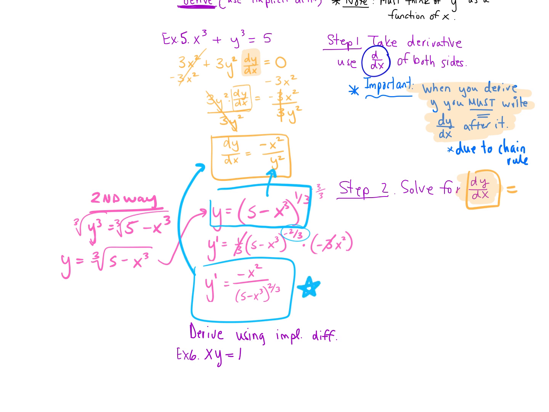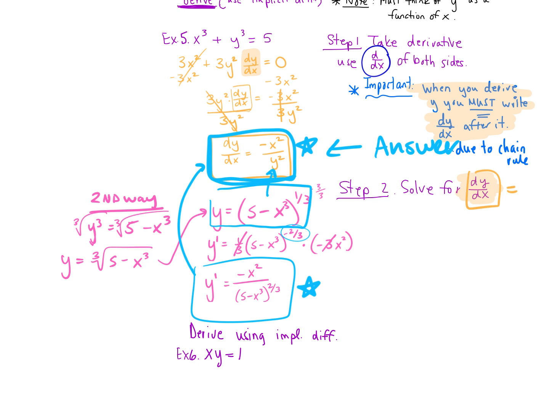You don't have to do the second way for implicit differentiation when you have y's in it. Just leave the y in your answer. This is the answer. I'm just showing you it ends up being the same thing if you get y all by itself and then take the derivative of it that way.